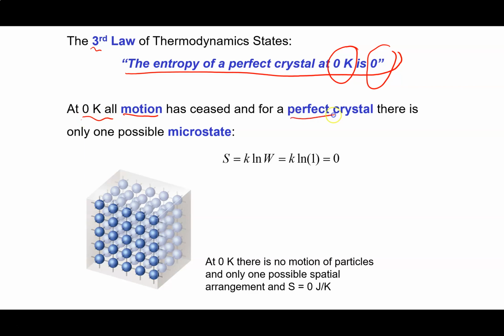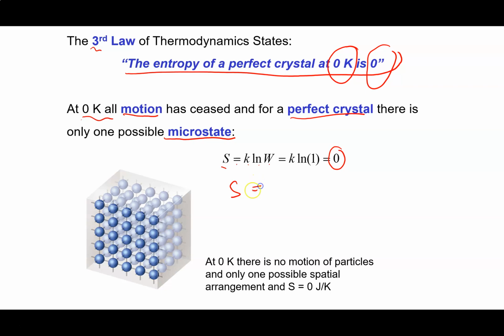For a perfect crystal, there's only one way of arranging the particles. There's no mistakes in our crystal. So therefore, that means that there is only one microstate. According to Boltzmann's definition of the entropy, S is equal to k ln W, and ln of 1 is 0.